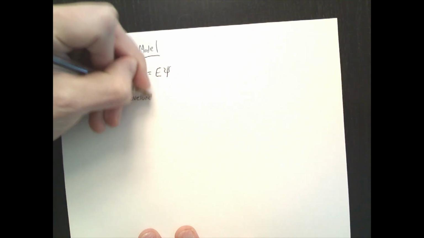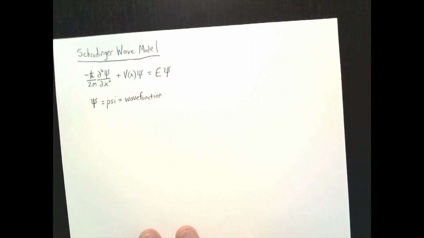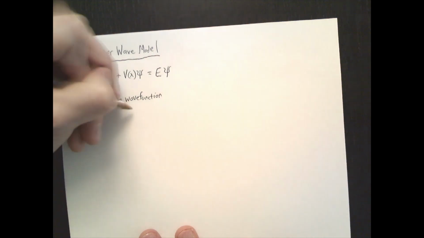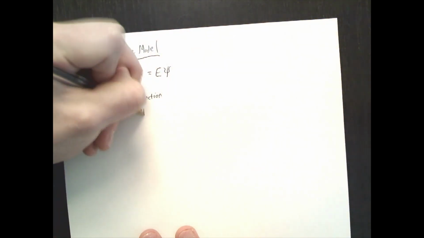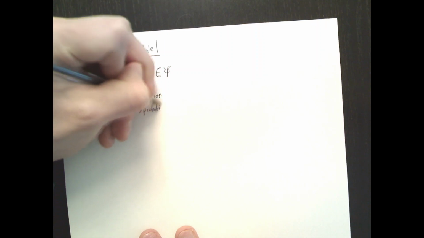So now we are taking a piece of matter like an electron, and we are saying it's not a particle, but it is a wave. It sort of represents the probability of finding the electron at a certain position.